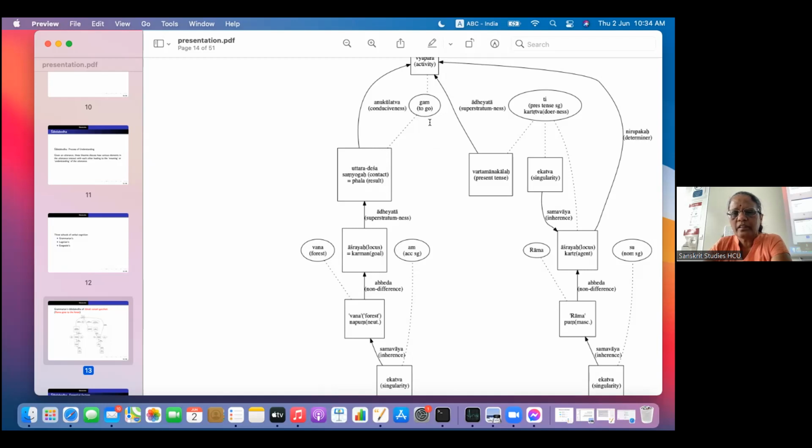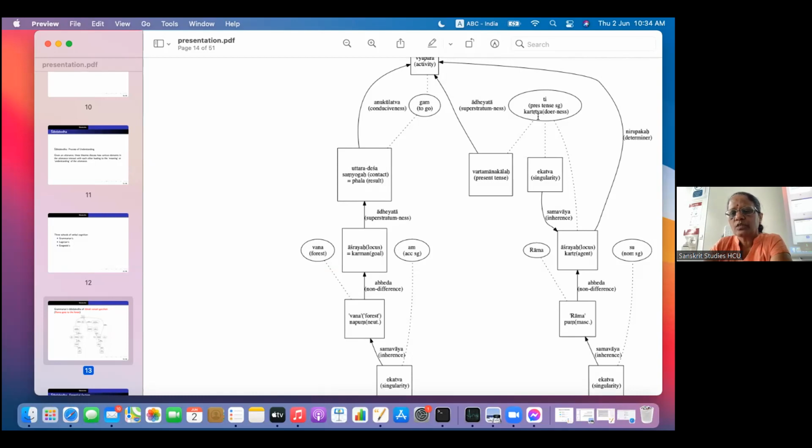And there is Gacchati, which consists of two parts. One is Gam and the other part is Ti. Gam is the verbal stem, which means to go. And Ti is the verbal suffix, which represents a present tense singular.